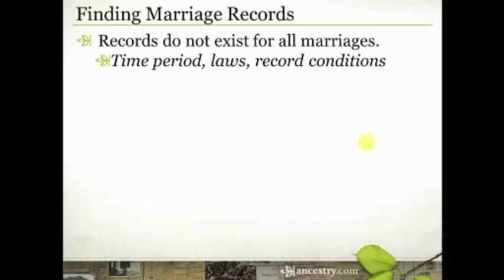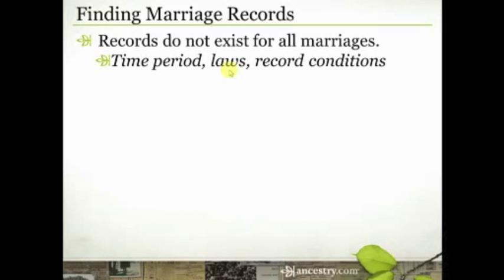Sometimes they won't be available civilly at all from any government organization. As you get back 100 years, 200 years, 300 years, sometimes those marriages were only recorded by churches, by various religious organizations. And so the time period makes a difference when you're looking for that marriage record.